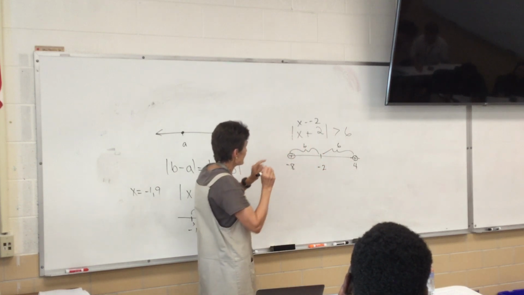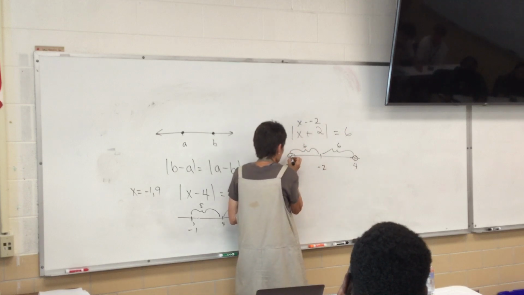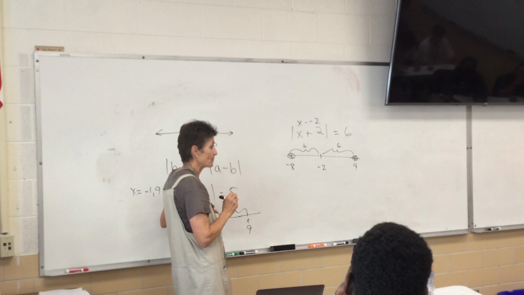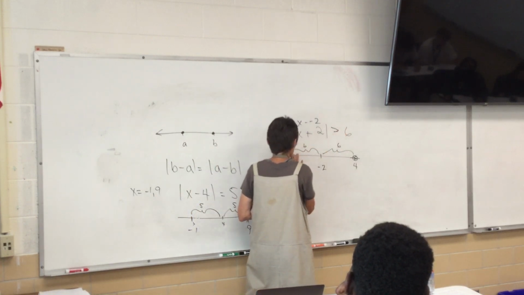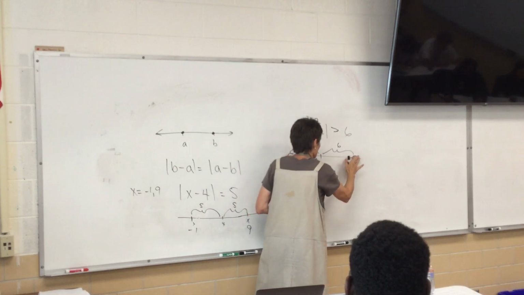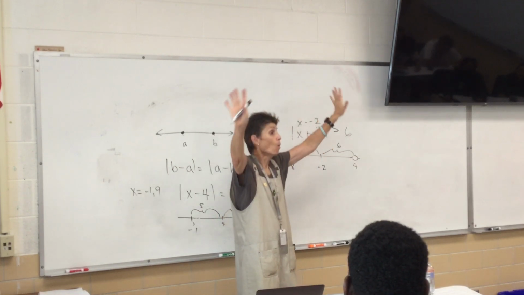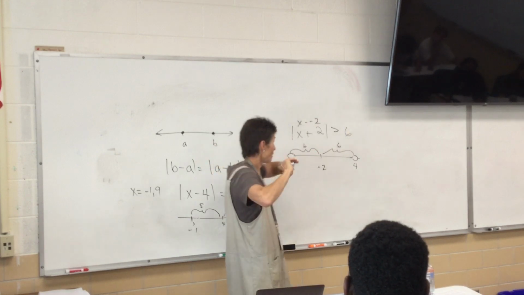Now, if this were an equal sign, these would be the answers, just like they were over here. But this time, it's a greater than, which means we want the distance to be more than 6. So where are these numbers?